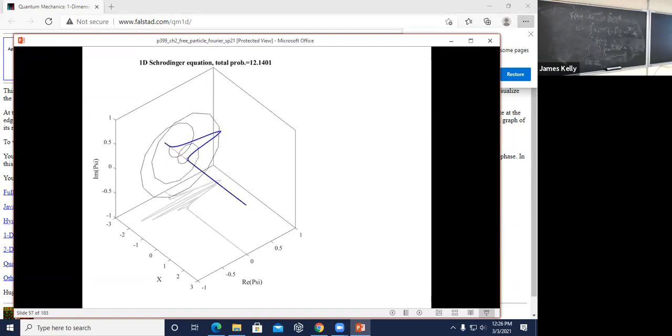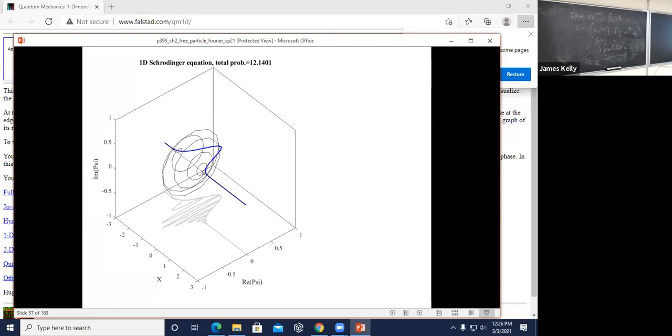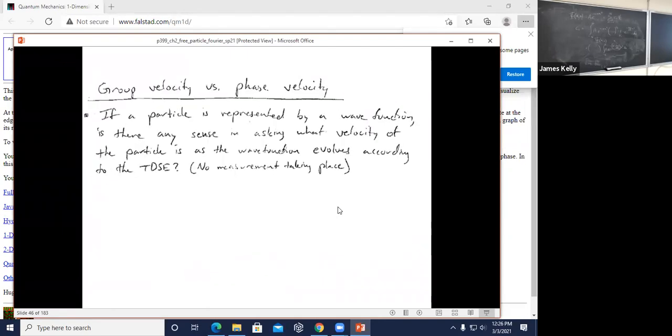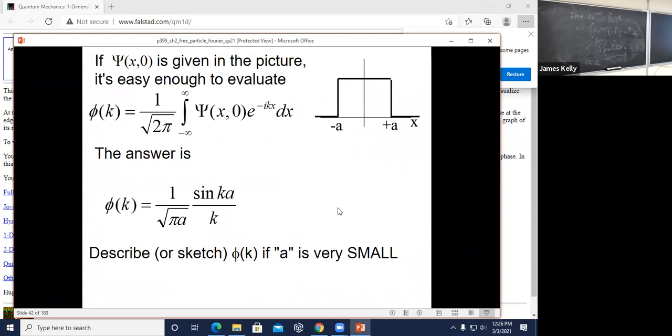Okay, let me move this back to the point where it tells how to calculate the phi of k's. It's not too hard to remember that formula. Here it is right here. That's what you're supposed to be doing in part A. And then in B and C, you're supposed to be thinking about group and phase velocities.